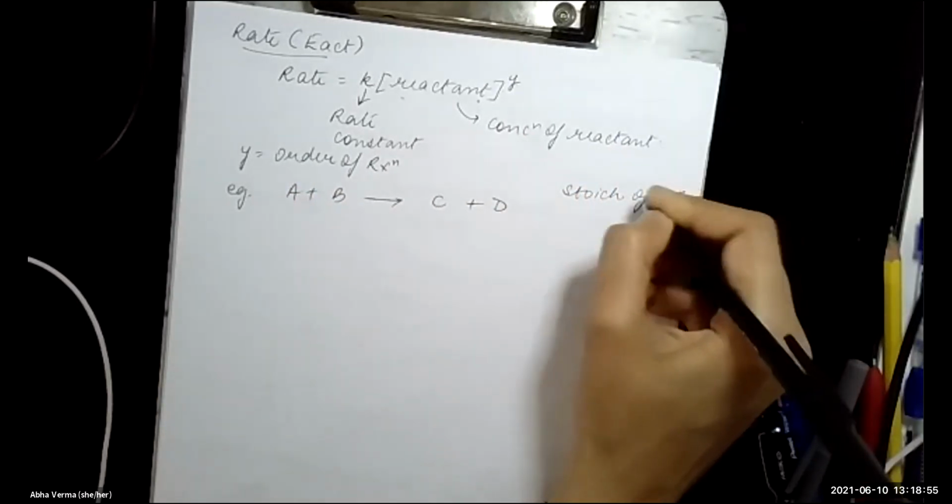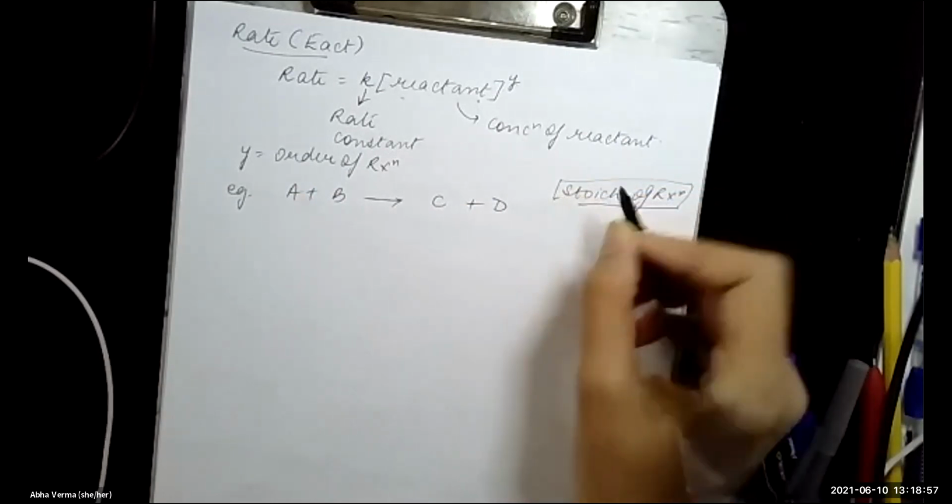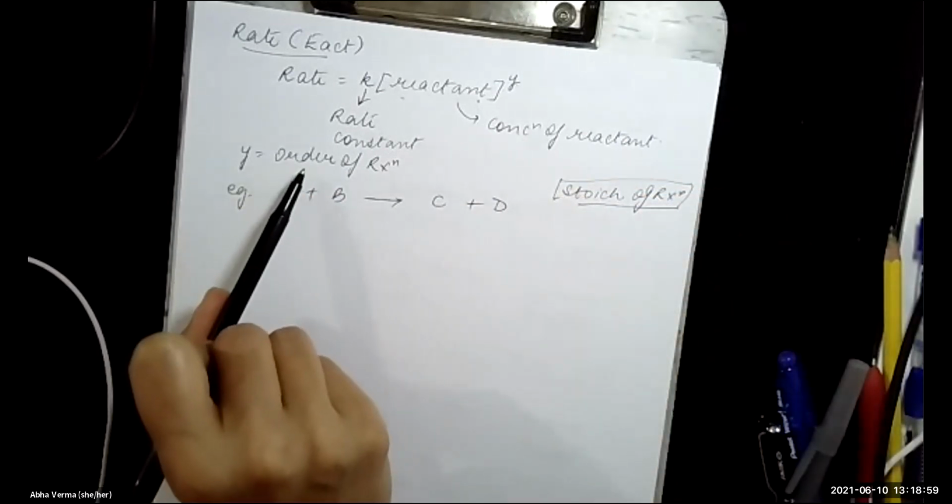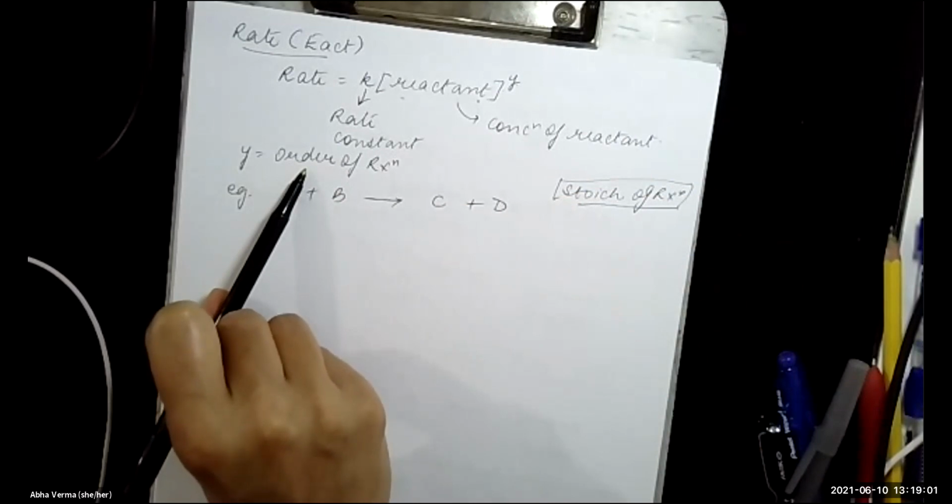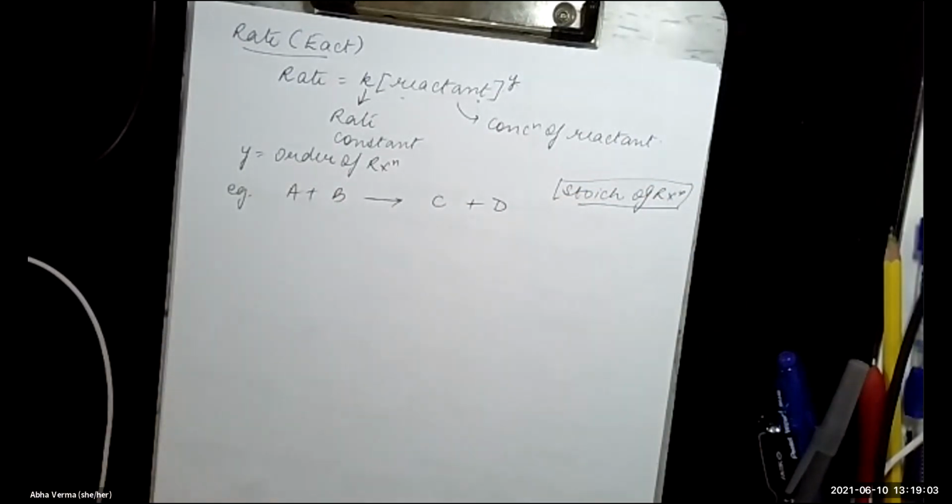Is there anyone who does not understand the difference between the stoichiometry of the reaction and the order of the reaction? Anyone? Ariel, do you understand what is a stoichiometry and what is an order? They are two different things. Ariel, do you understand that?